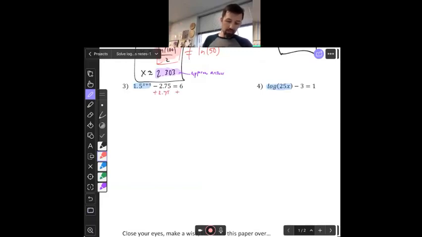Add 2.75 to both sides. Over here on 4, I'm going to add 3 to both sides, right? Nothing earth-shattering going on here. Watch your handwriting, so that the exponent stays looking like an exponent. If you need to write larger so that you're able to write those other things smaller, then do that.